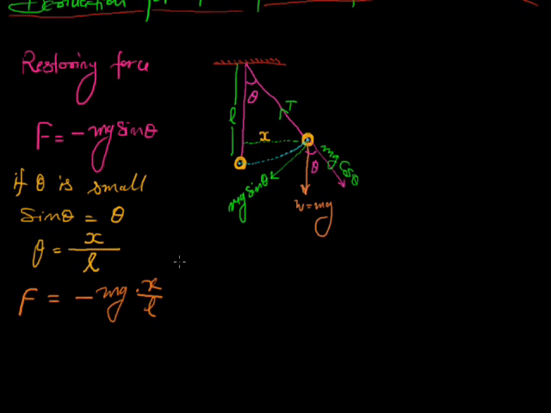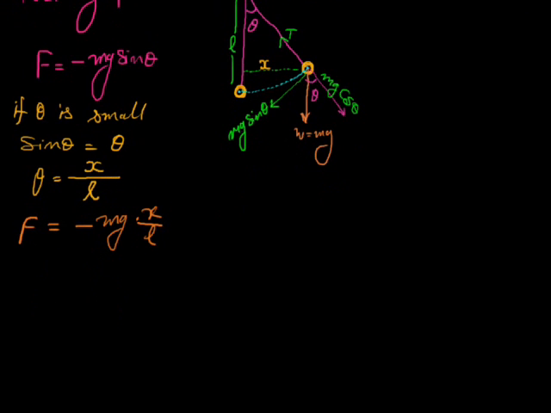So both are opposite in direction. So we have to take the minus: F equal to minus mg sin theta, and sin theta is equal to theta when theta is very small. We know that angle equals arc upon radius, and arc will be approximately equal to x for the small angle theta. So F equal to minus mg into x upon L. This is our first equation.